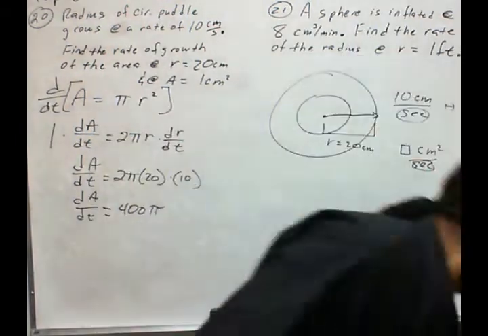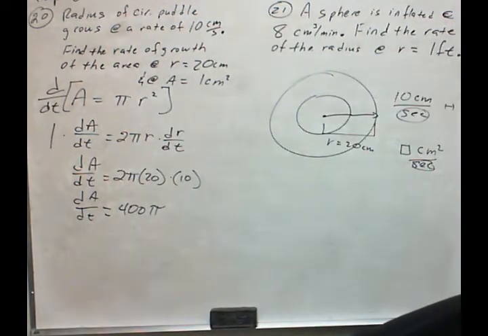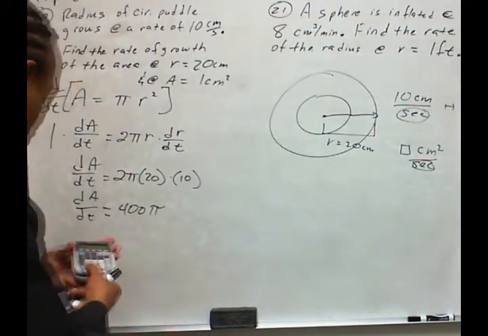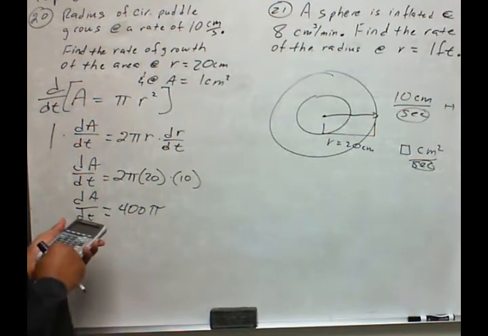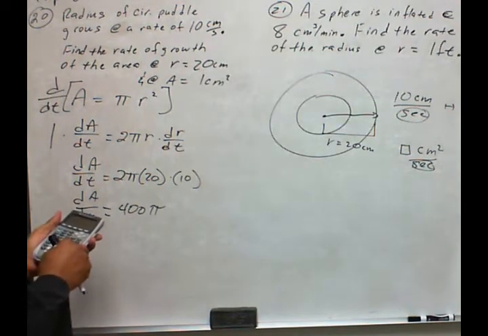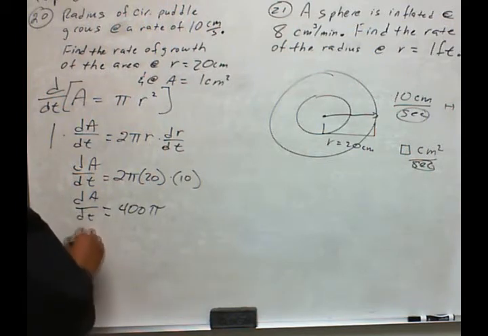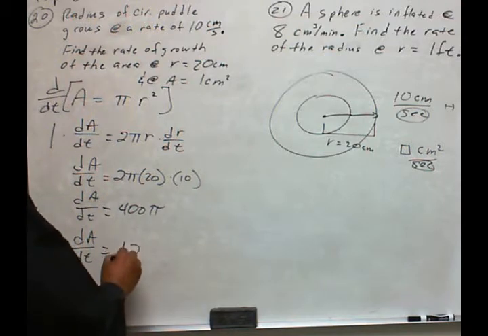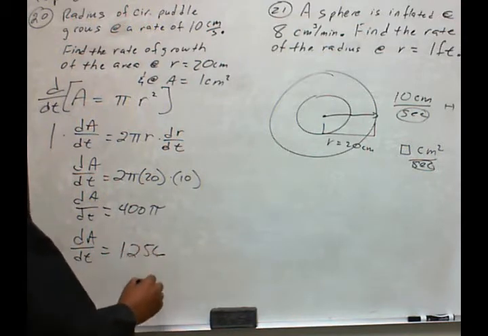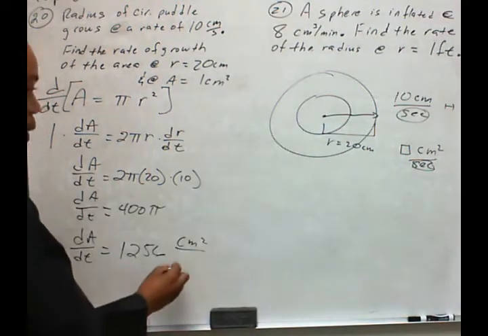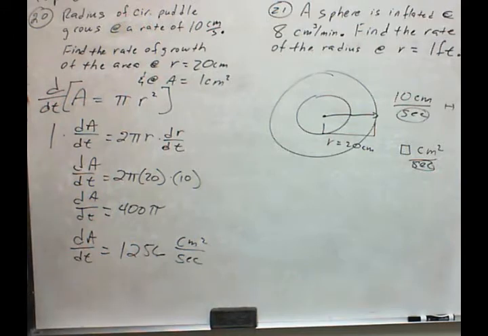Now pi, we typically take as 3.14. So 3.14 times 400, and we'll get a dA over dt, the rate, of 1,256, and this will be in centimeters squared every second.